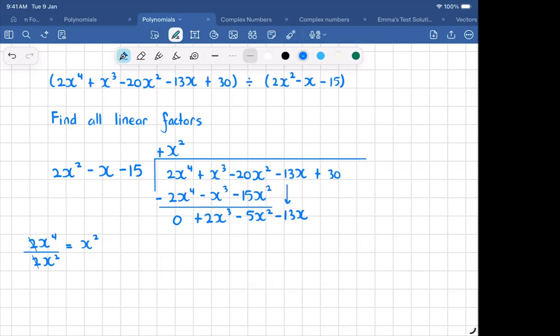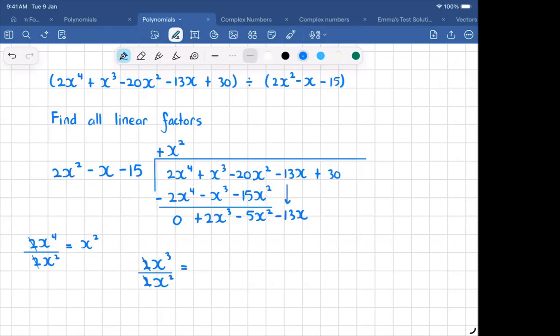So it'll be 2x cubed by 2x squared. What's going to happen there? The 2 just cancels out, and 2 of the x's in 2x cubed will cancel out, so you'll just get x. Right. So 2 of the x's in the bottom would cancel off with 2 out of the 3 on top.